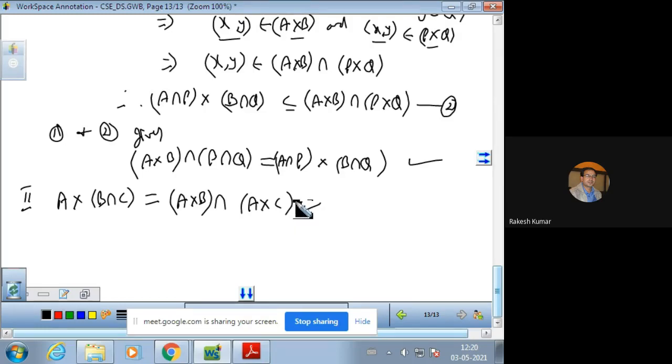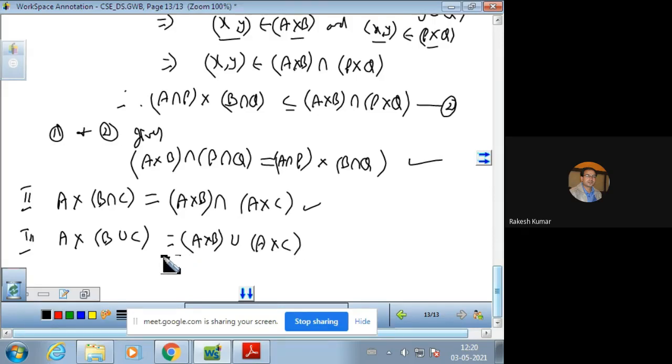So I leave it as a home task for you. Similar kinds of results are possible, and this result is for intersection. You will have a result for union also, so that is A cross B union A cross C. So we can prove the results one by one.